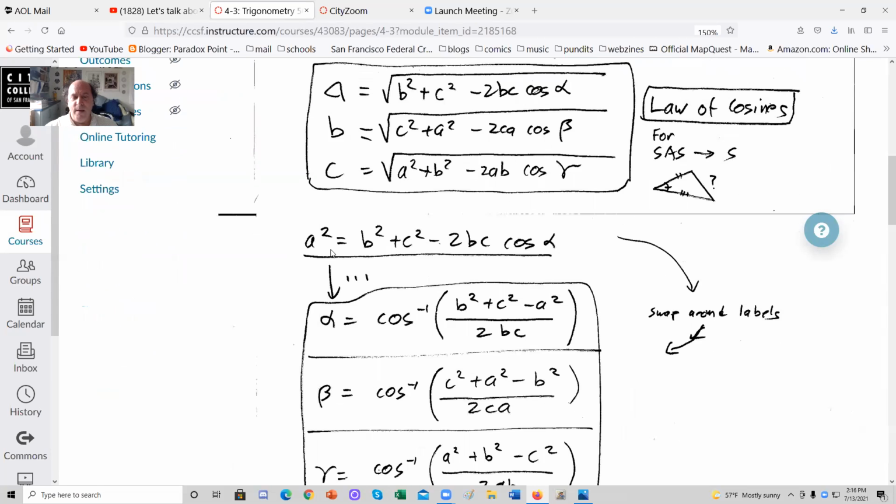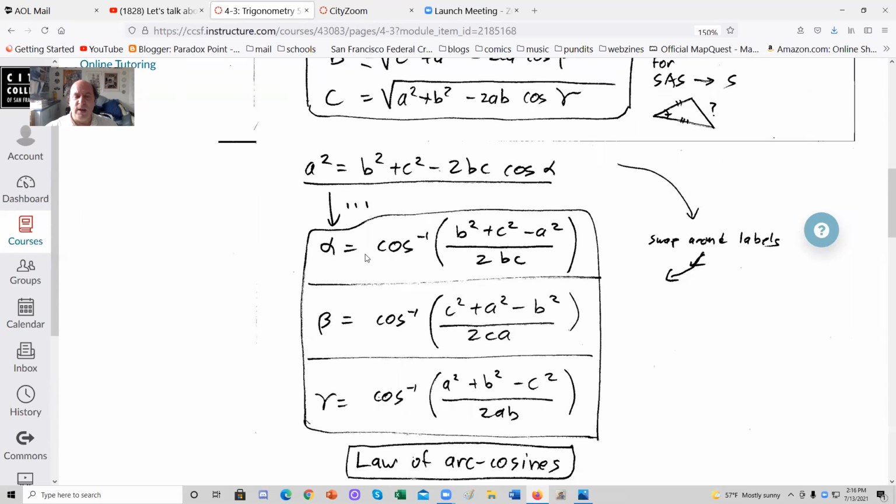Now, if we start from a squared equals b squared plus c squared minus 2bc cos alpha and solve for cosine alpha, we transpose this to the left, that to the right, divide by 2bc, and take an arc cosine, and you get alpha equals arc cosine of the quantity (b squared plus c squared minus a squared) over 2bc.